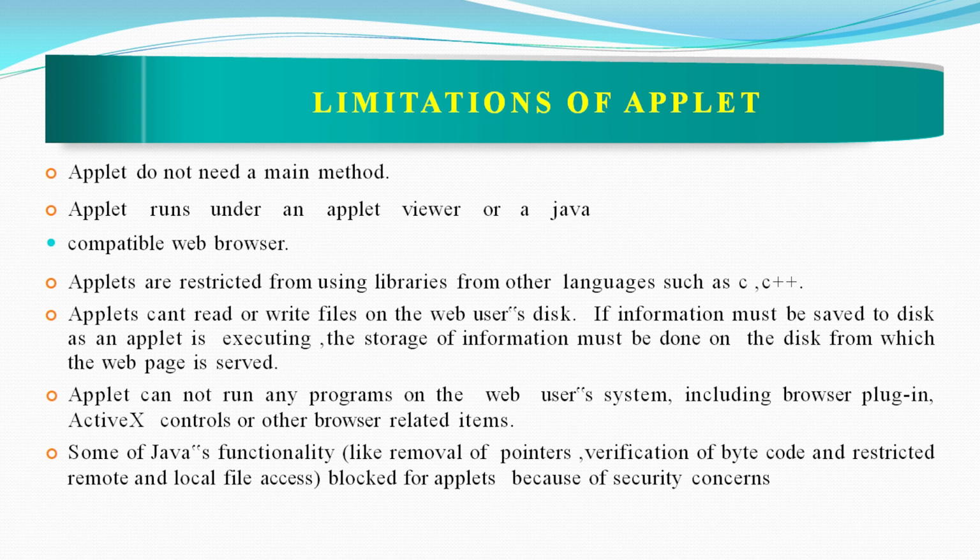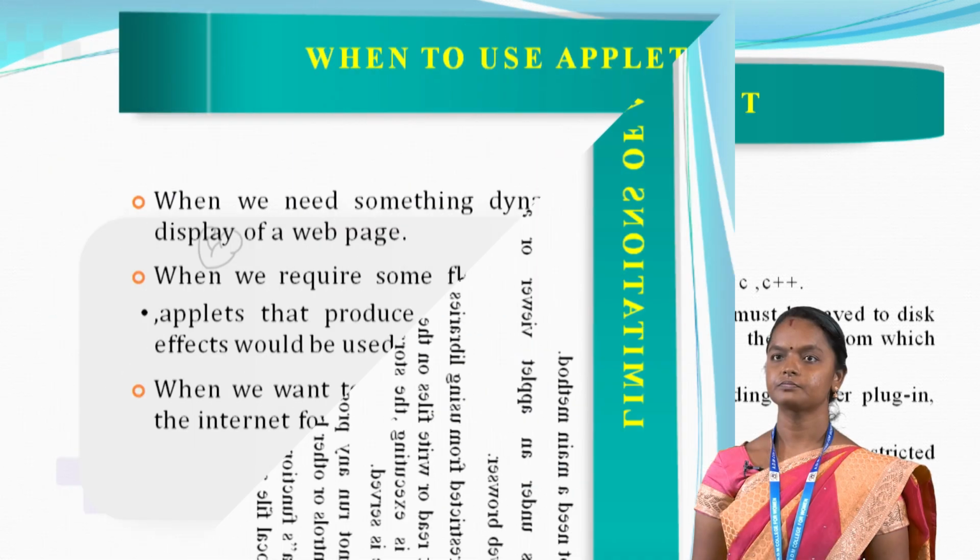Applets cannot run any program on the web user's system, including browser plugins, ActiveX controls or other browser related items. Some Java functionality like pointers, verification of bytecode and unrestricted remote and local file access is blocked for applets because of security concerns.